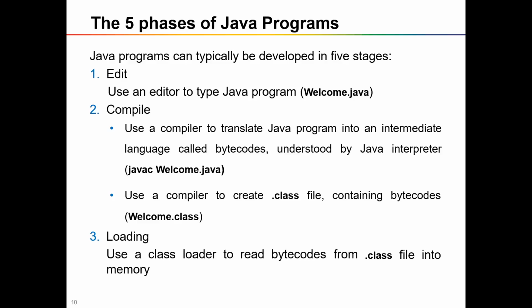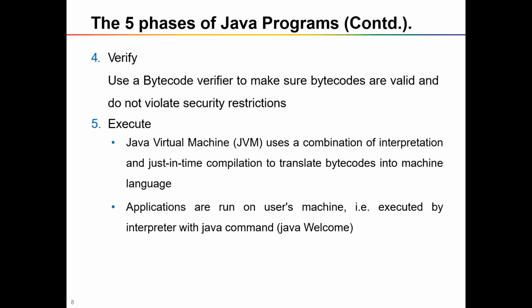In the next step, the class loader is going to load our .class file into the main memory. Then the bytecode verifier is going to check the Java security restrictions. Then execution is carried out by the JVM, which is a combination of interpretation and just-in-time compilation for converting the bytecode into machine code.